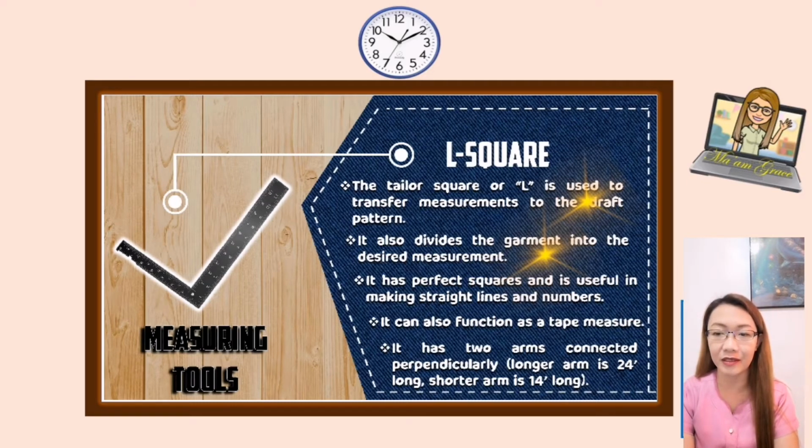It can also function as a tape measure. It has two arms connected perpendicularly. The longer arm measures 24 inches long and the shorter arm is 14 inches long. This measuring tool is usually made of wood or metal.